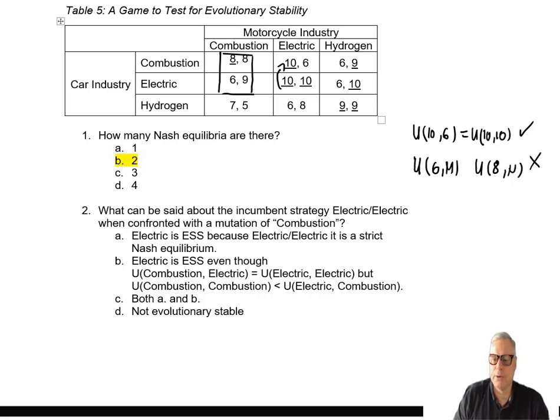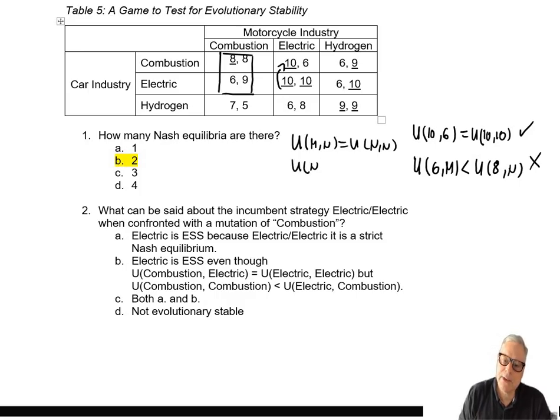For an evolutionary stable strategy to prevail, if somebody mutates M, N, that is the same as U, N, N. But then the somebody who plays the incumbent strategy against the mutator needs to get a higher payoff, and that condition is not met.